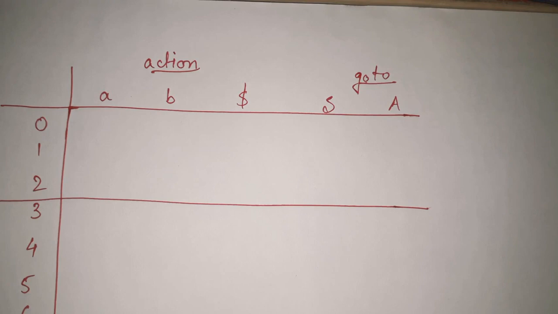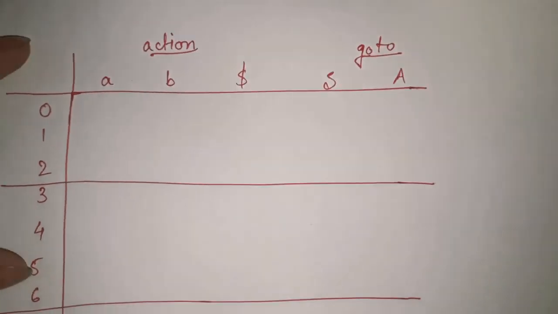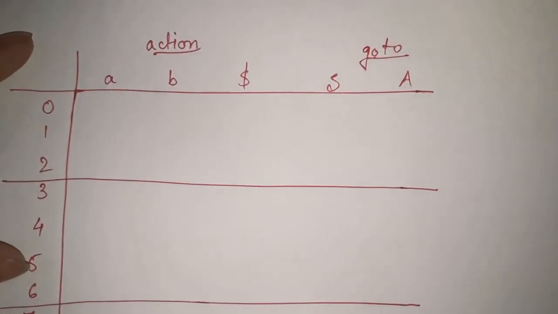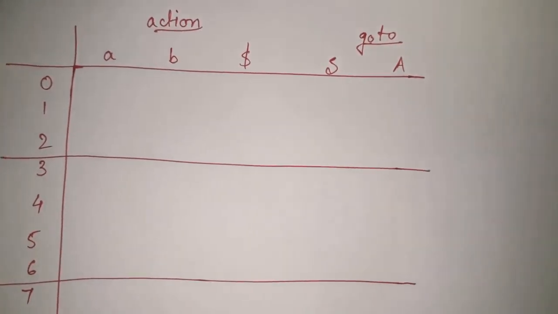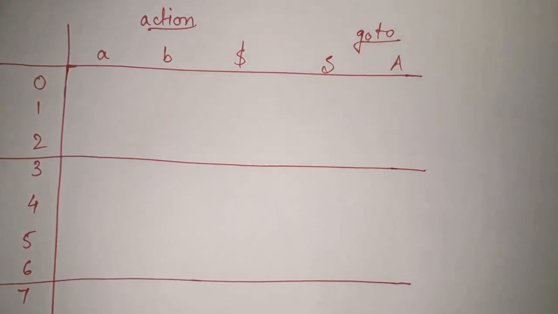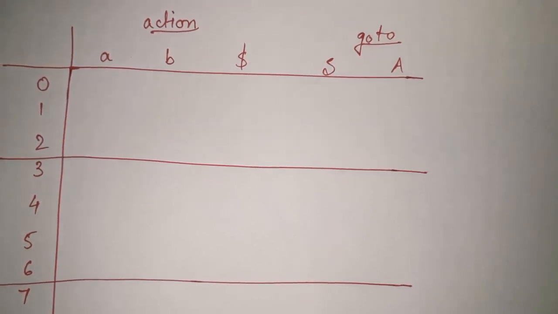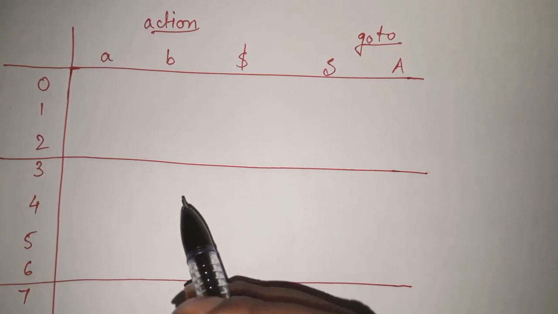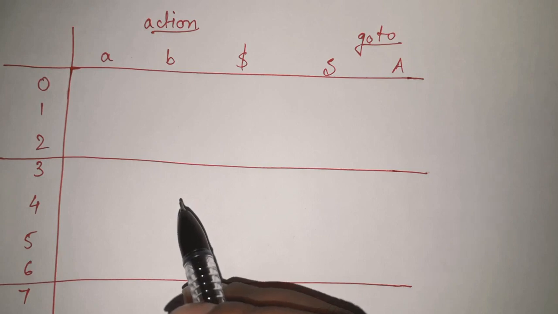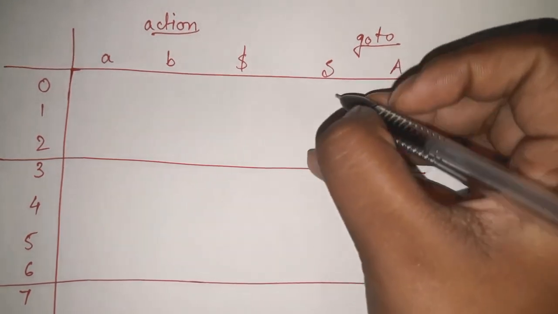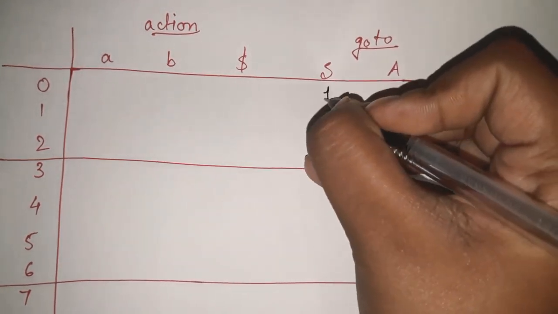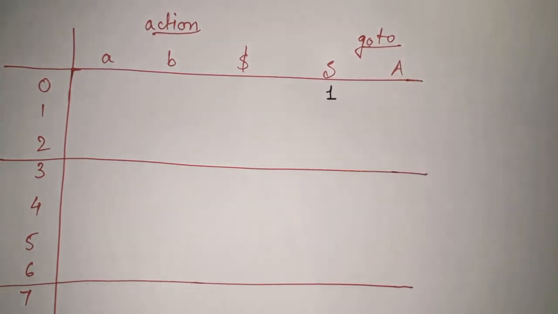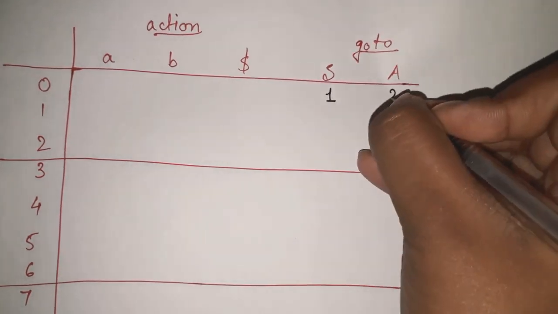So let's see, you will get a clear idea. First of all, again the process is everything same. Again see the canonical collection of LR1 items together. From I0 on capital S we are going to 1. From I0 on capital A we are going to 2.